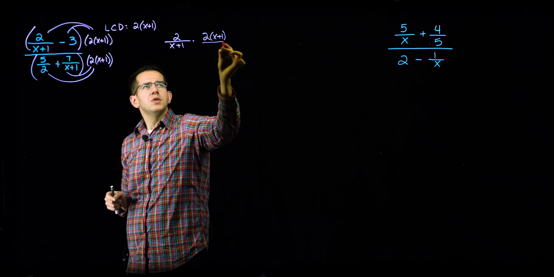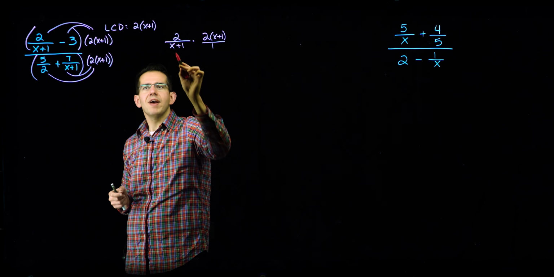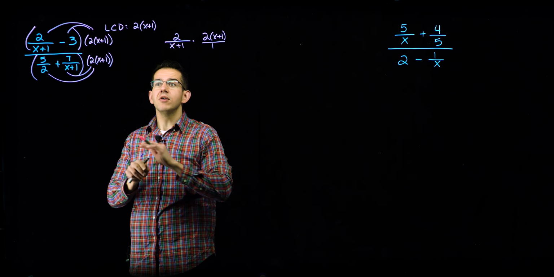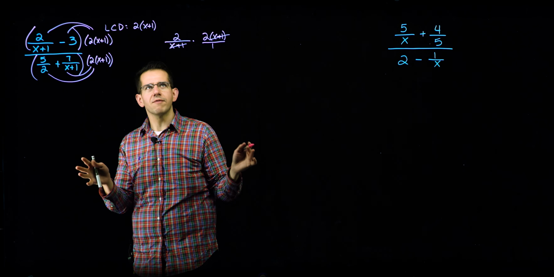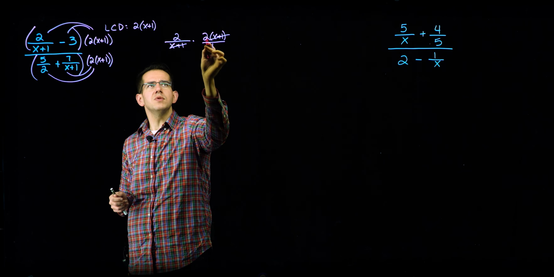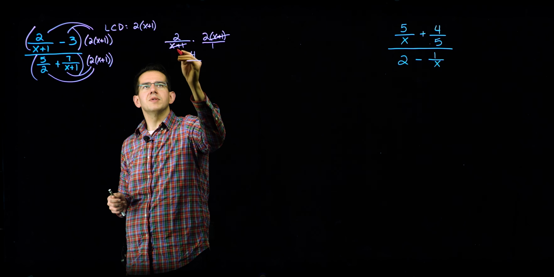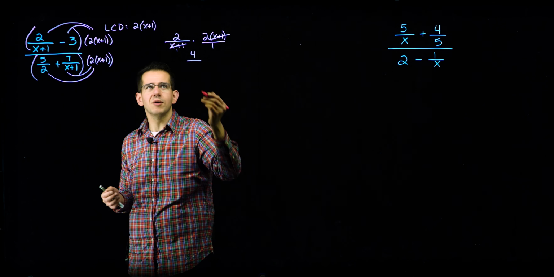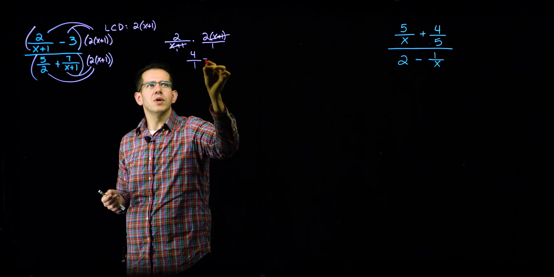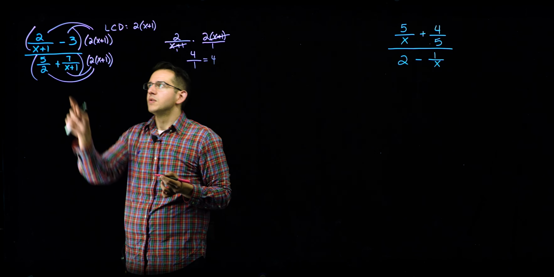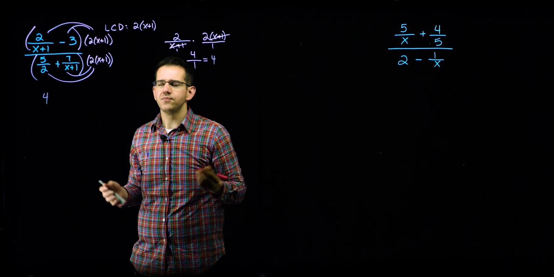If we put this 2 times x plus 1 over 1, we can see that there's a common factor of x plus 1 in the numerator and denominator. They're going to cancel each other out. And that's our goal here, to get rid of the fractions, because all we're left with is 2 times 2, which is 4, over this term is canceled. That means there's technically just a 1 there. So 1 times 1 is 1. 4 over 1 leaves us with 4. So this fraction is now just going to become 4.